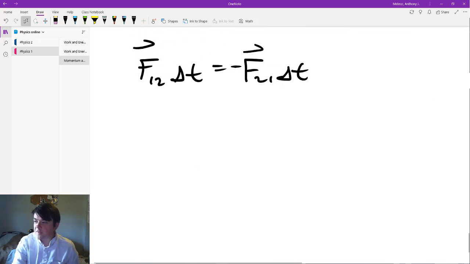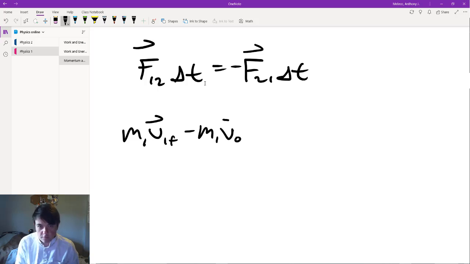If we plug this in, m1 v1 final minus m1 v1 initial equals negative m2 v2 final minus m2 v2 initial.